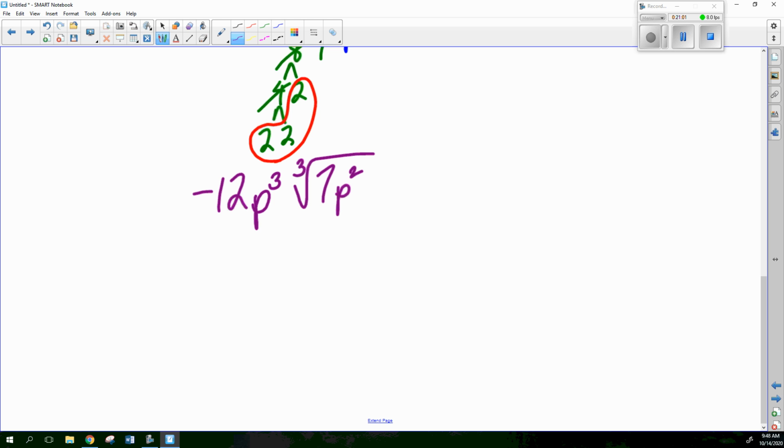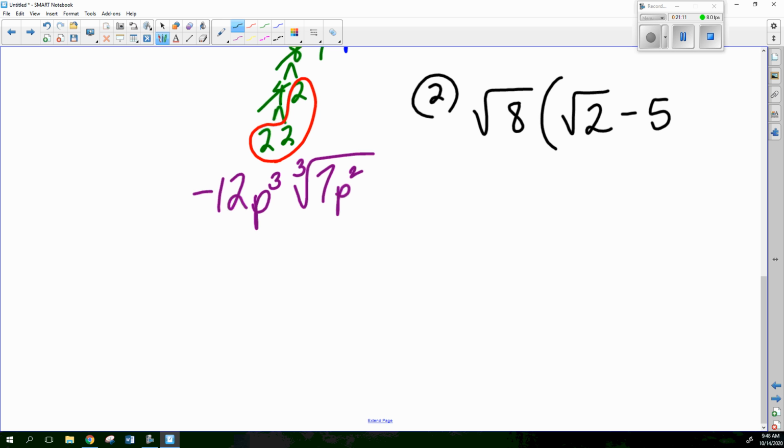All right, let's make it a little bit harder. I'm not going to use letters, but I am going to put some addition and subtraction in there. We're starting to put it all together. So I have the square root of 8 times the square root of 2 minus 5 square root of 3.